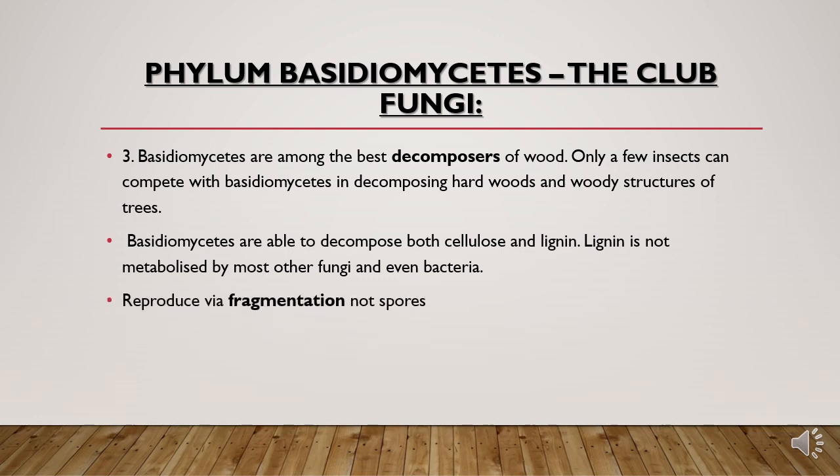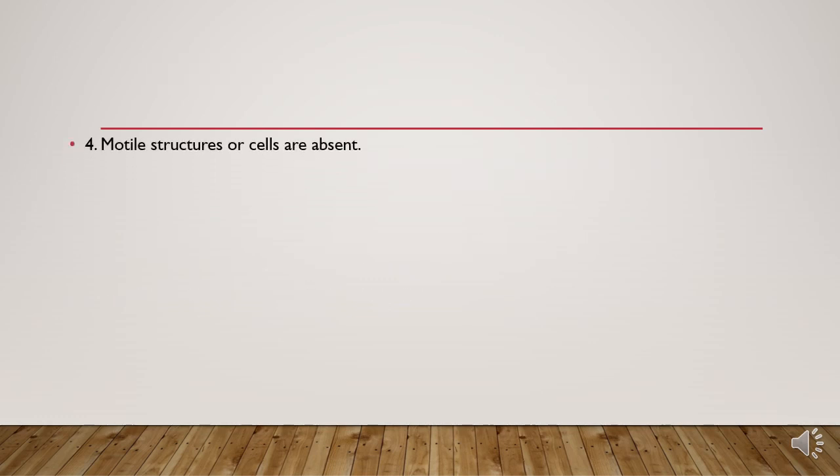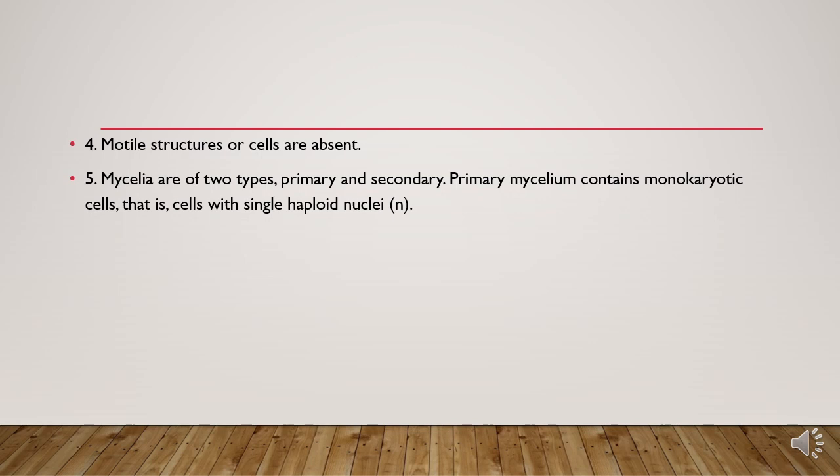Its form of reproduction is by fragmentation and it does not reproduce by spores. Motile structures are absent in this case. The mycelia are of two types, primary or secondary.